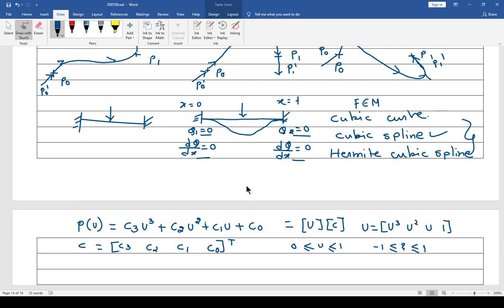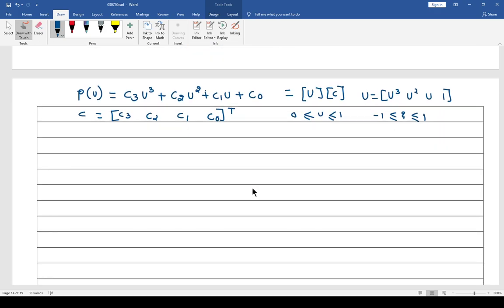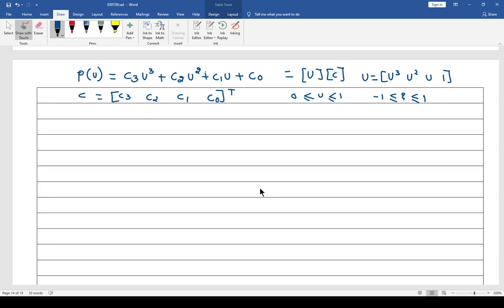In CAD we call this a blending function. Now we have to find a tangent vector. The tangent vector will be P dash of u.